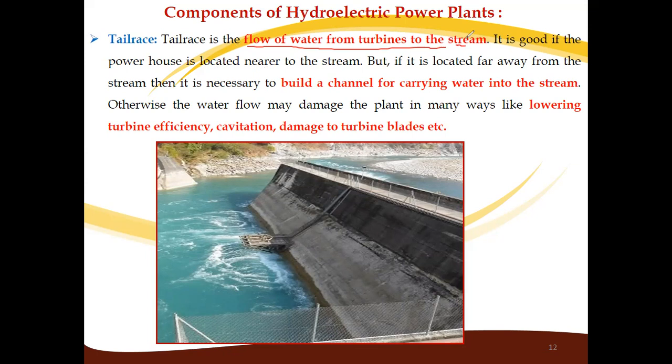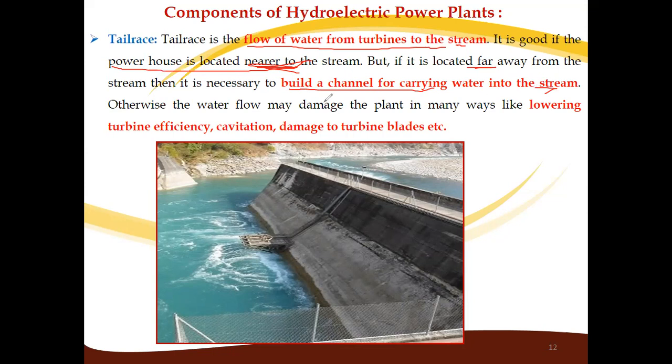Now this tail race is good if the powerhouse is located near to a stream or river. But if it is located away from the stream, then we have to build a structure or channel for carrying this outlet water from the turbine into the main stream.